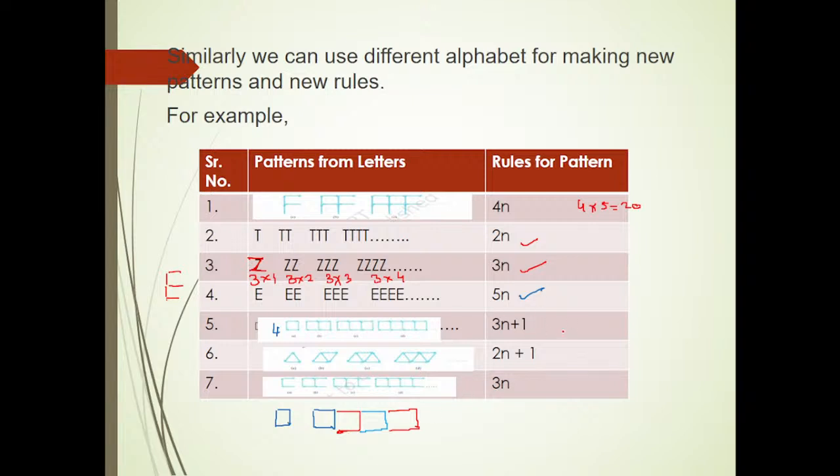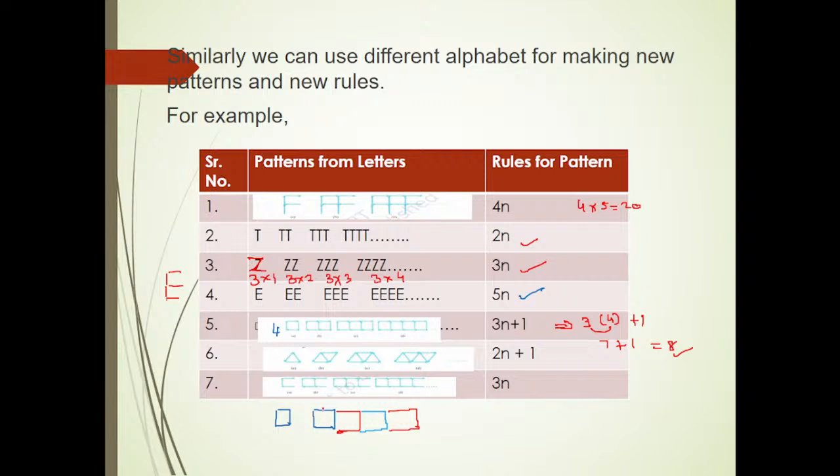Let us see whether it is working or not. For 4 squares, in place of n we put 4: 3 into 4 is 12, plus 1, that is equal to 13.